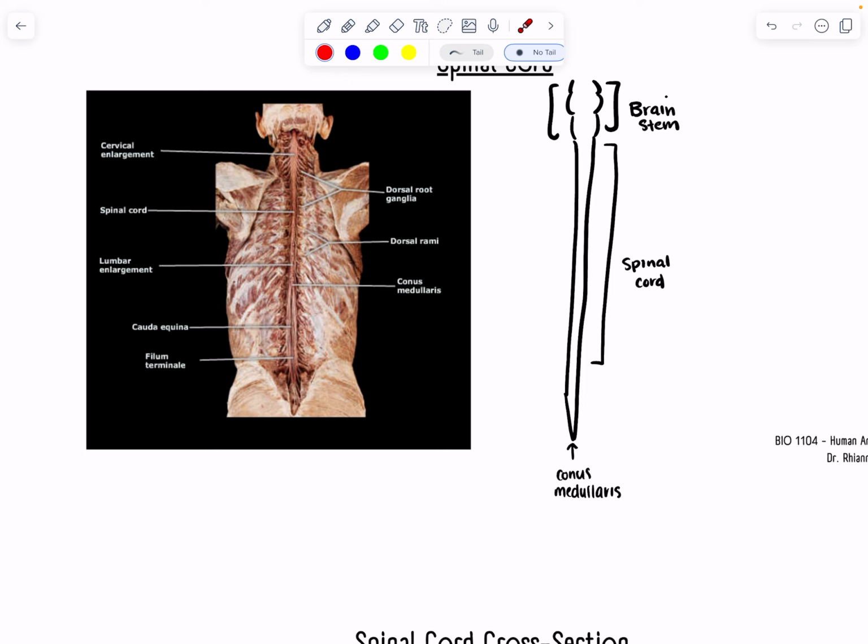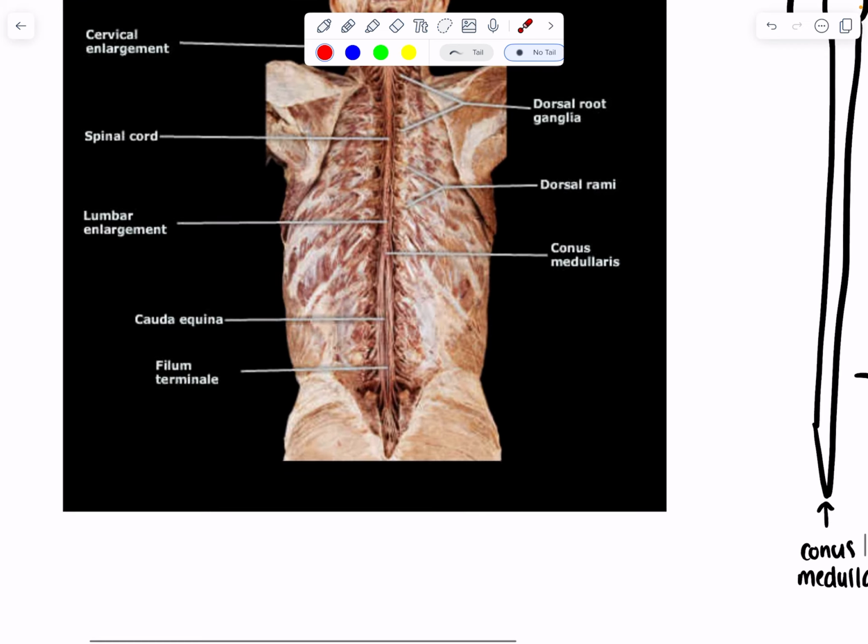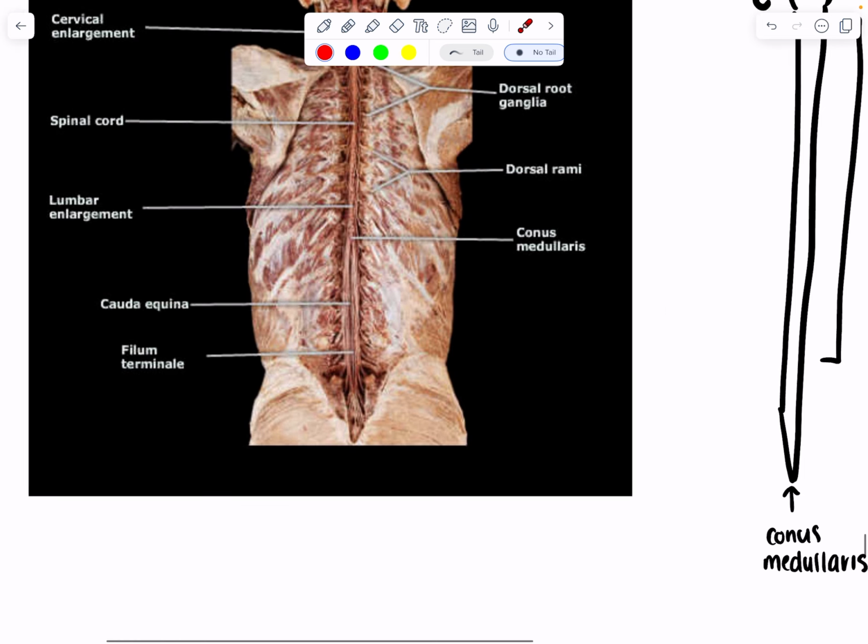But think about it. We still need to have nerves come up and go down into our lower extremity and past the L2 region. So that is where we get this cauda equina, which is the collection of all of these nerves that come out of that cone-shaped bottom of the spinal cord. So this collection of those nerves is called cauda equina.